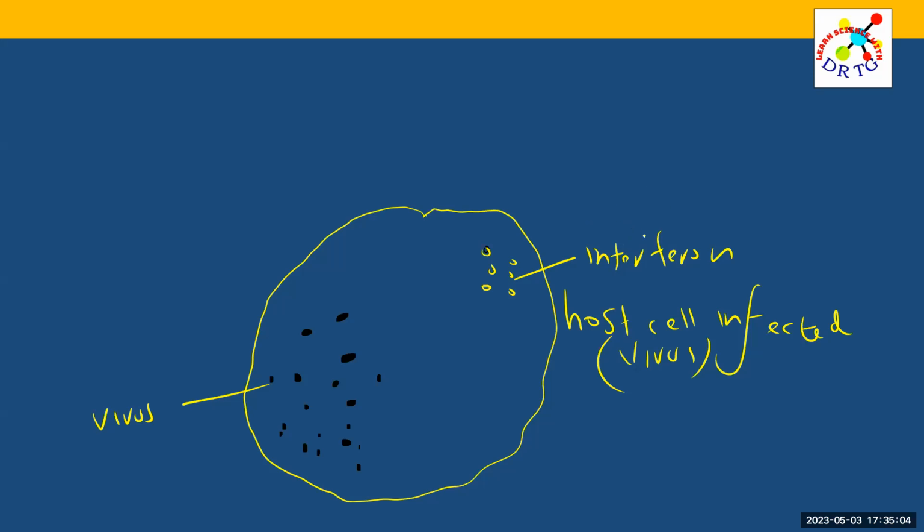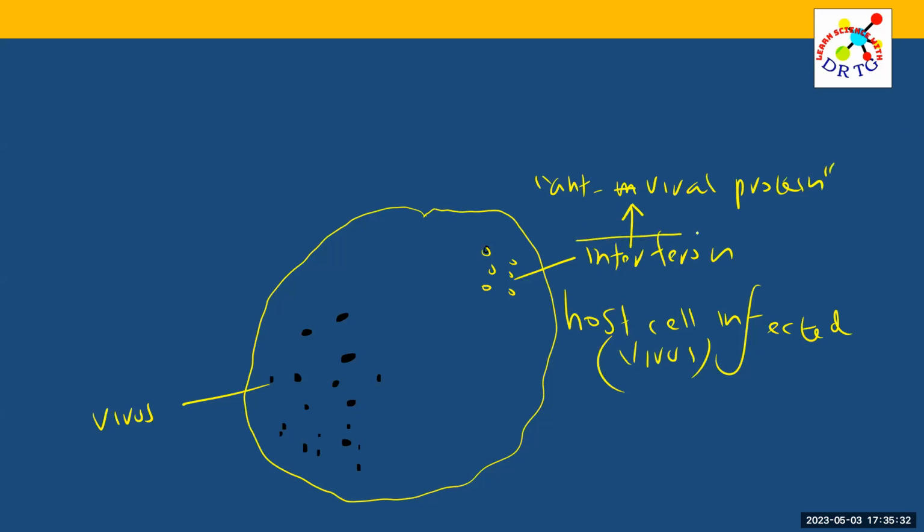Okay, one mechanism is that interferon, as a protein, can produce a new group of proteins, antimicrobial or antiviral proteins. I think just write virus, antiviral protein.